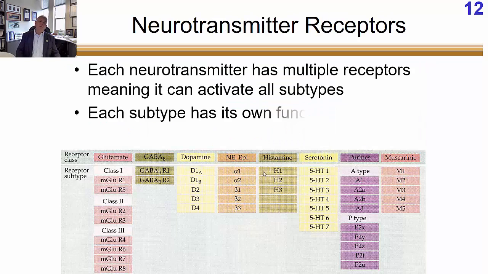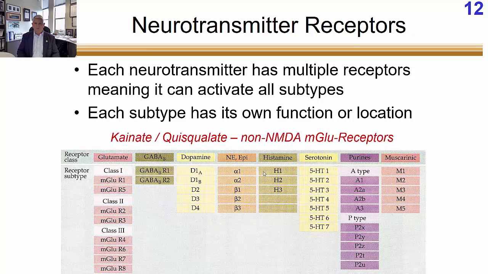All right, so there are lots and lots and lots of neurotransmitter receptors. We talked about kainate, quisqualate, non-NMDA, metabotropic glutamate receptors. That's these down here, class 1 and 5, class 2 and 3. But you can see that there are lots and lots of variants or subfamilies of these receptors. So what does that mean?